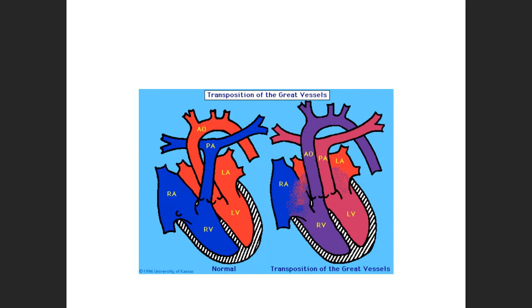So on the left, in the normal situation, the right ventricle gives rise to the pulmonary artery, and this branches into right and left pulmonary arteries and into the pulmonary vascular bed, and oxygenated blood from the lungs will come back via the pulmonary veins into the left atrium and into the left ventricle and then into the aorta and the systemic circulation.